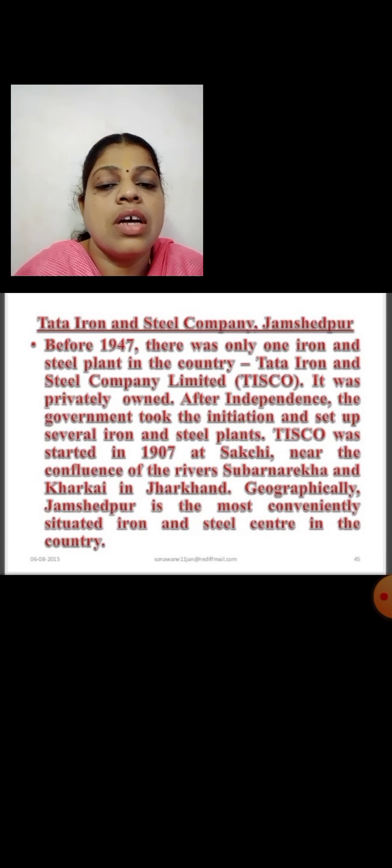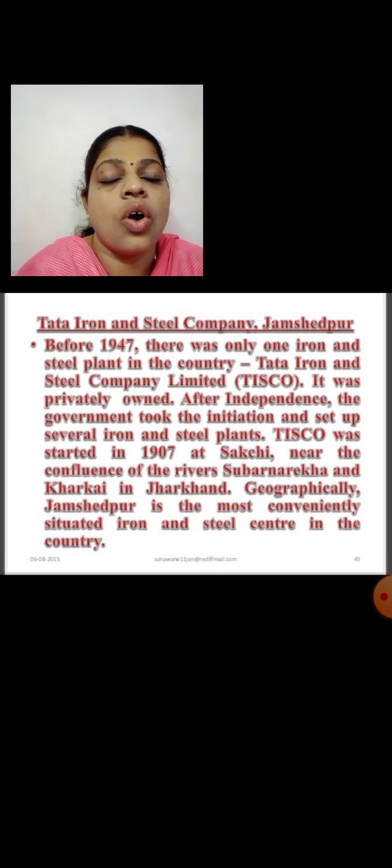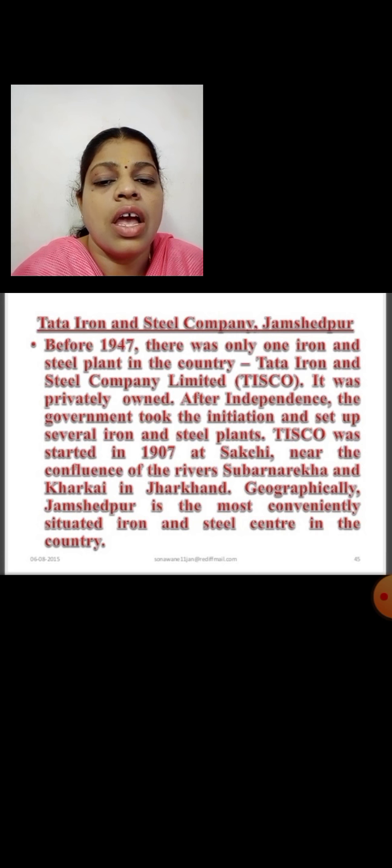The Tata Iron and Steel Company is in Jamshedpur. That is, in short, known as TISCO. It was established in 1947 and it was privately owned.